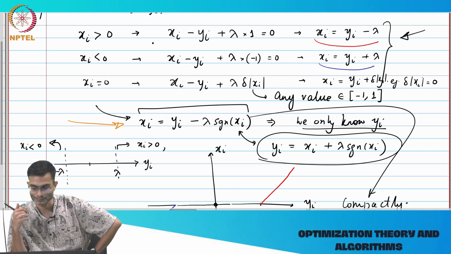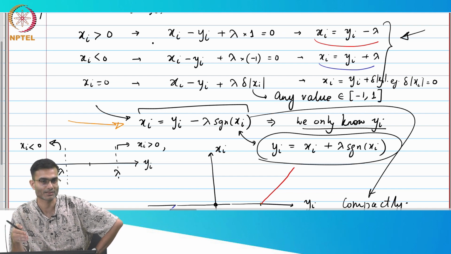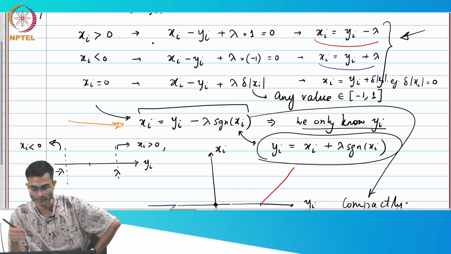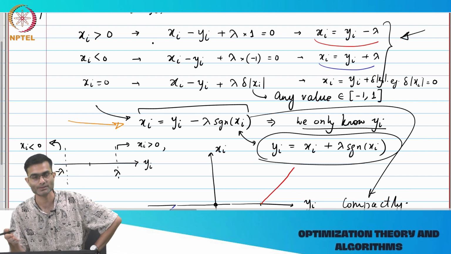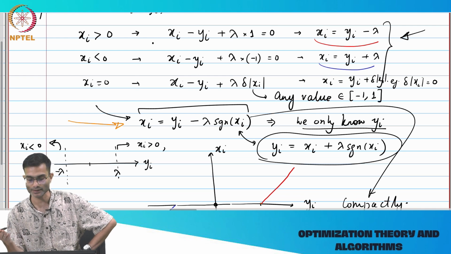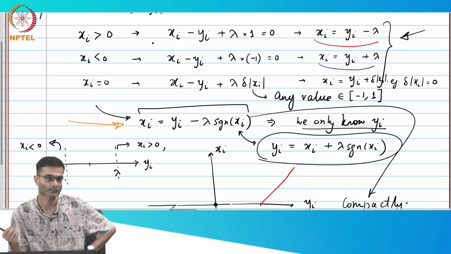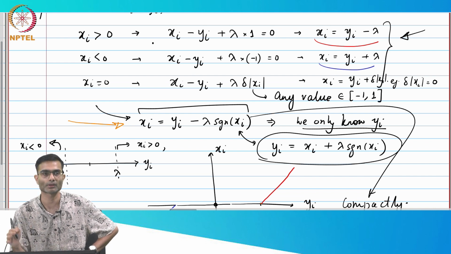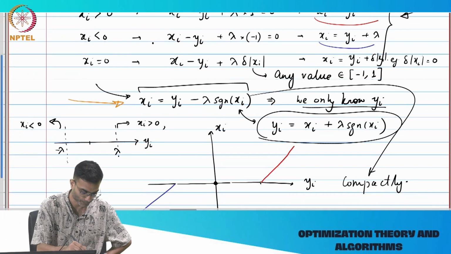We can't determine xi from this. That's precisely the point. I cannot determine xi from this expression if yi is less than lambda. But that's okay. We want to solve this problem, so we are picking signum of x to proceed with solving this problem.